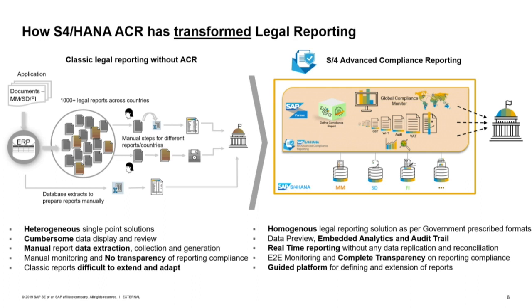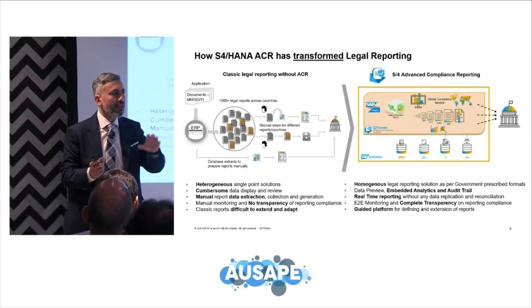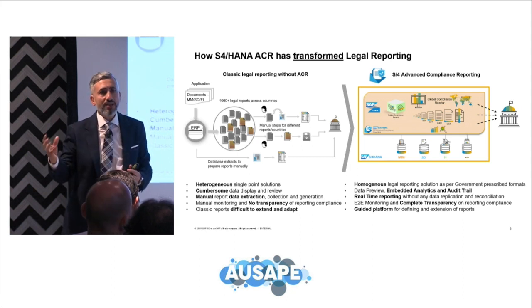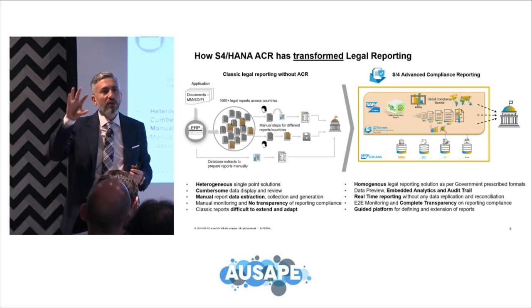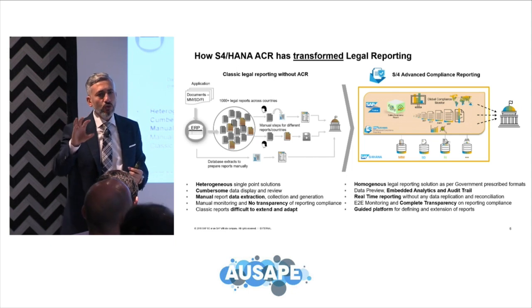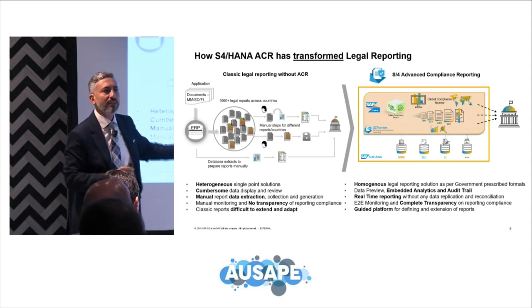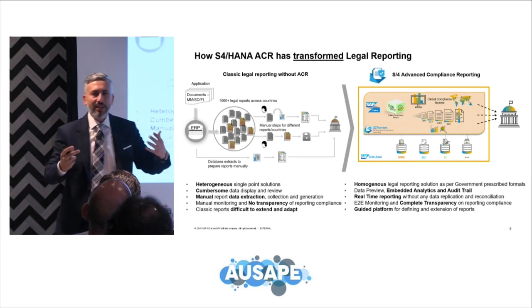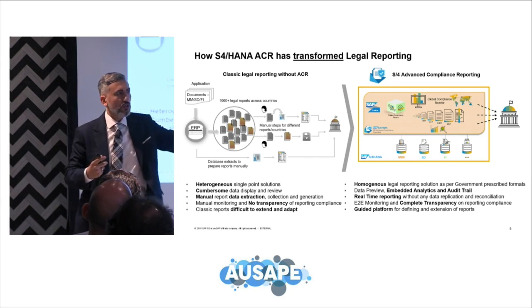I will focus mainly in my presentation on the S4 ACR, which you can consider a built-in module inside the S4HANA box, while SLH ACR is an example of a cloud service that does similar functionality, but they are technically different. This one is part of S4HANA.